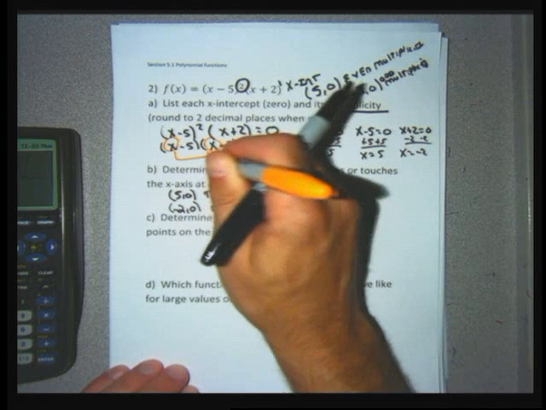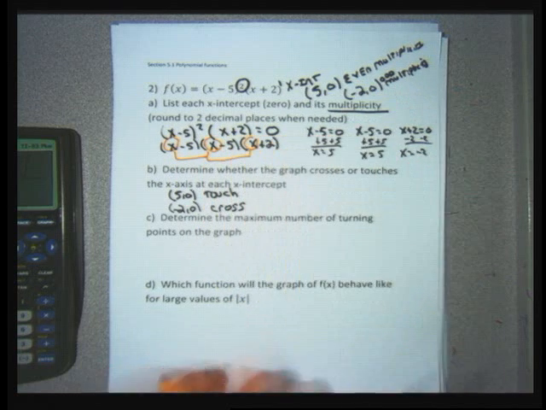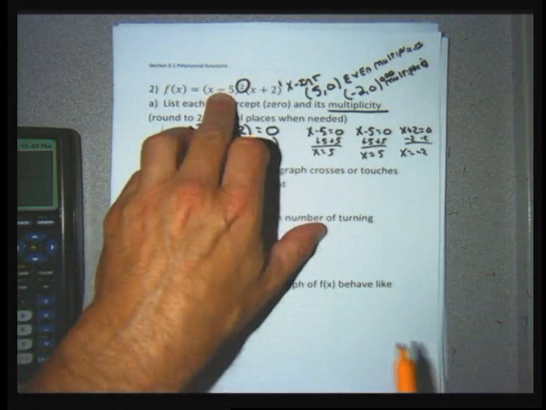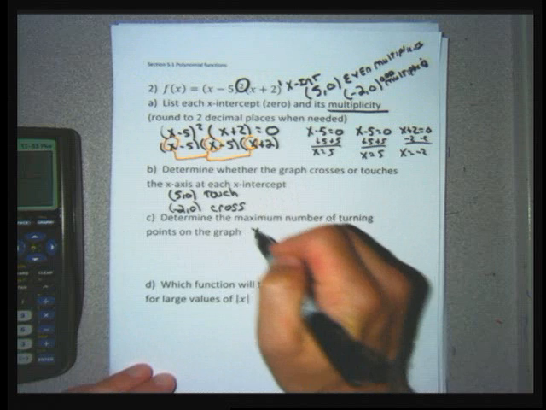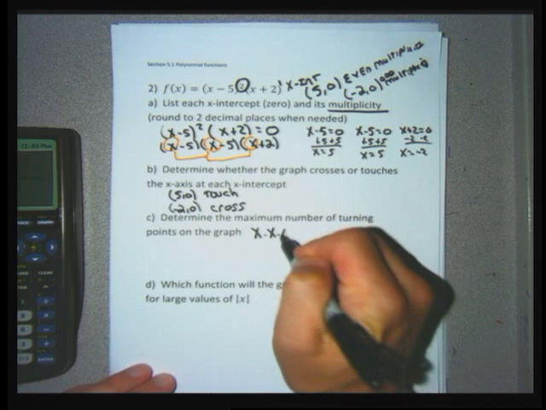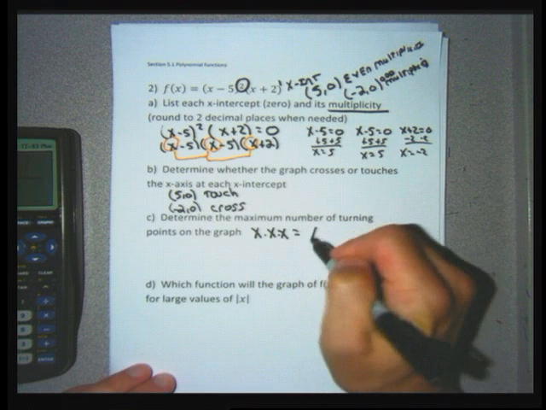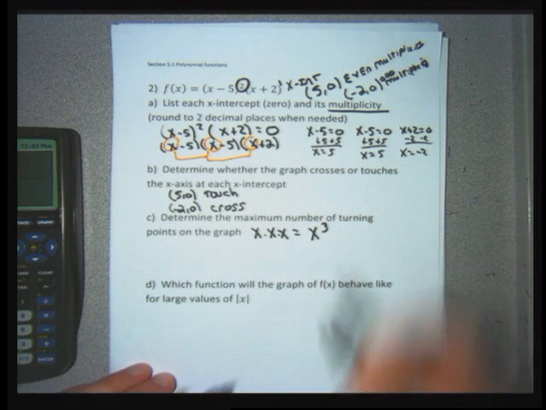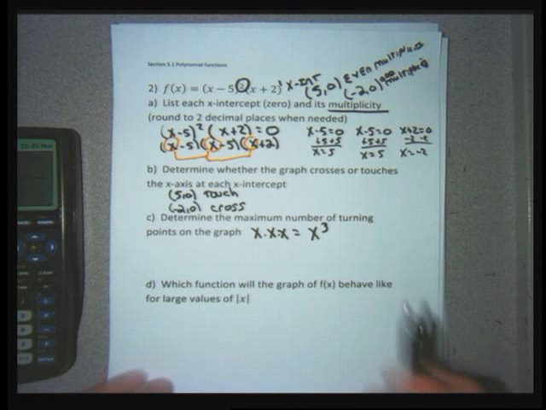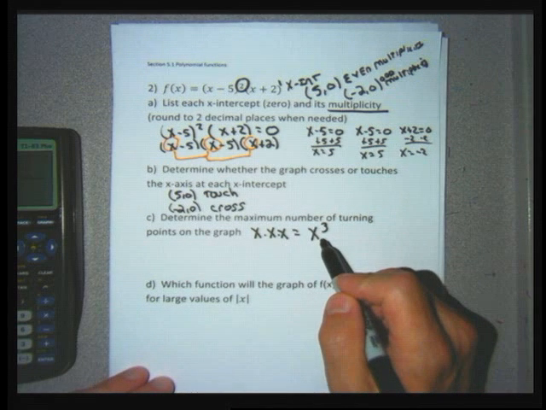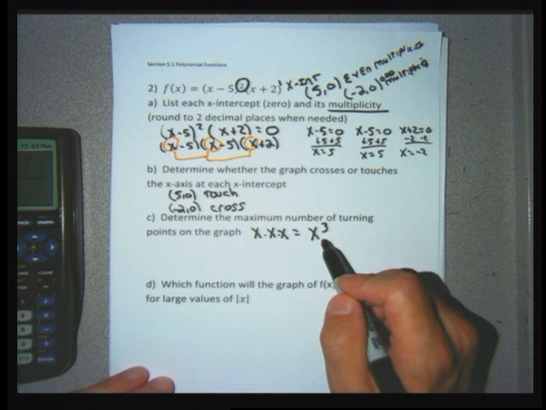I expanded the original problem to write it without exponents, and now I'm going to multiply the first item in each parentheses, which is an x times an x times an x. I don't want to FOIL out this whole entire problem, but if I did, x cubed is going to be the leading term, or the term with the highest exponent.